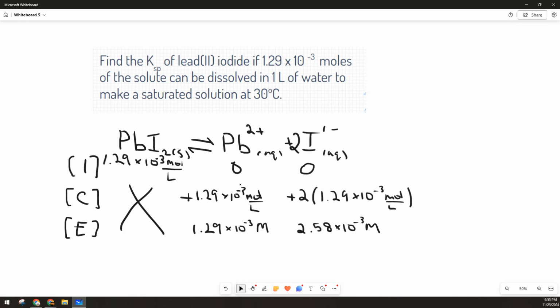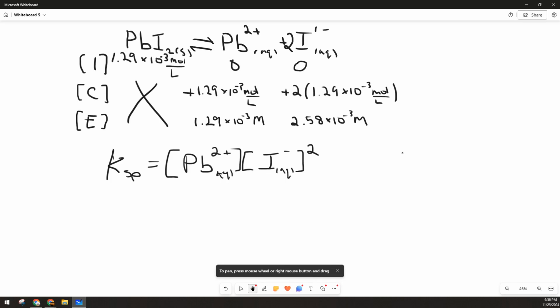Let's now bring in the KSP expression. Our KSP expression is always the product of the equilibrium concentrations of the ions raised to their molar coefficient in the balanced chemical equation. In this case, lead ion concentration multiplied by the iodide concentration squared.